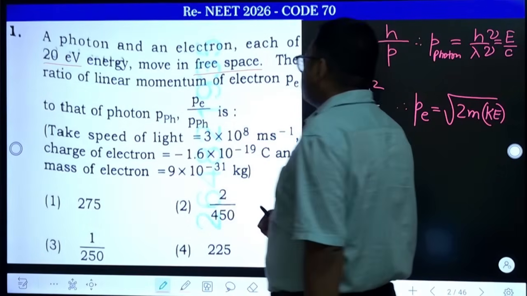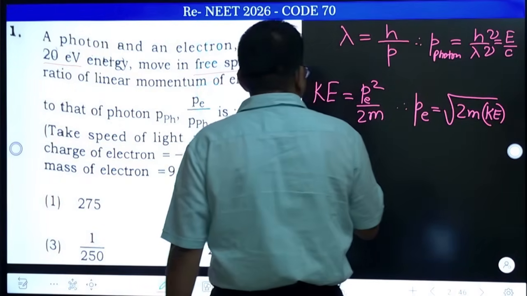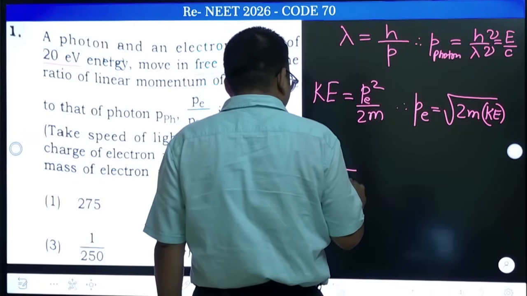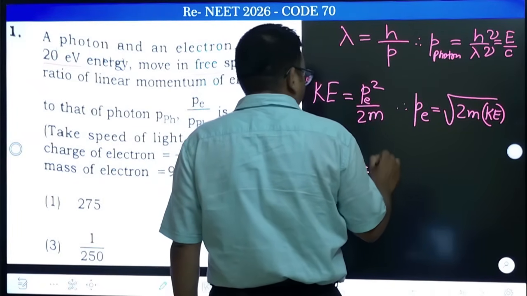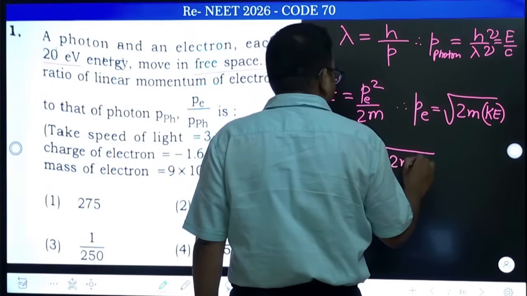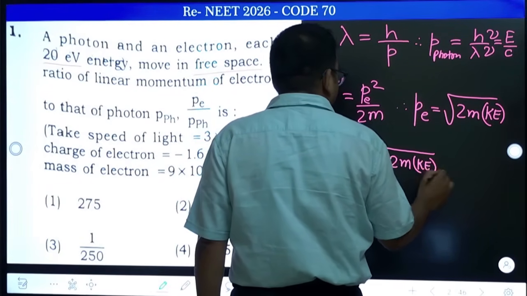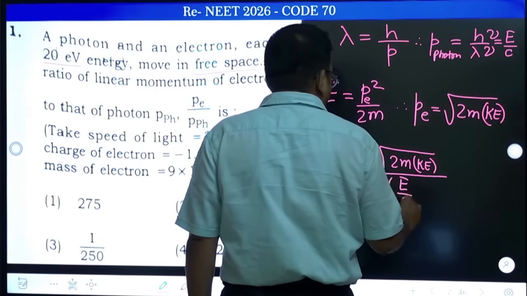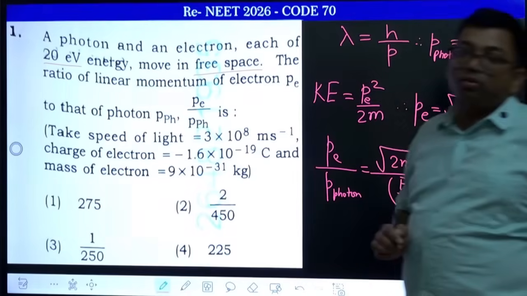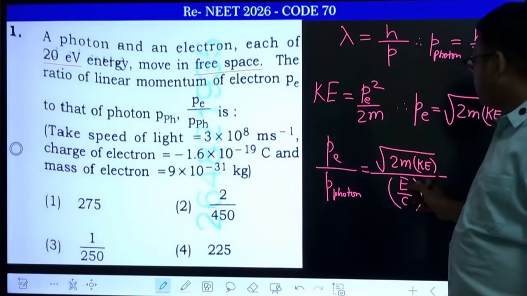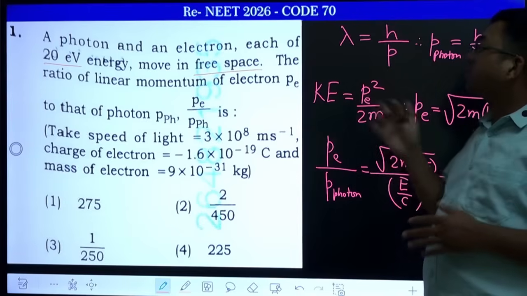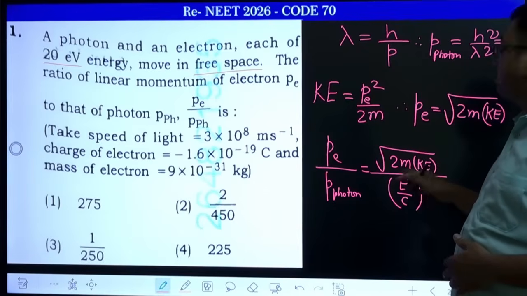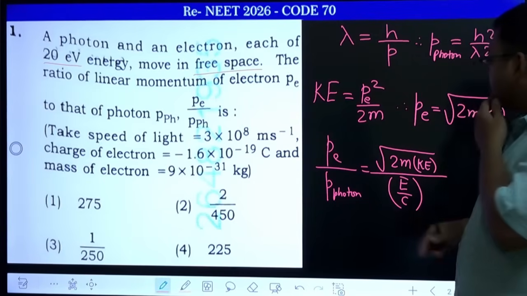We have this information, so let us take the ratio Pe by P of the photon. We need to take root under 2 times mass into kinetic energy, divided by E by c. This calculation only we need to do. And here, the energy they have already given is 20 electron volt. This is in electron volt, so we have to do some calculations here.